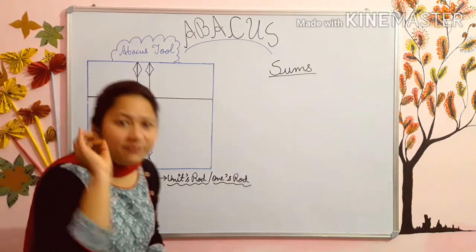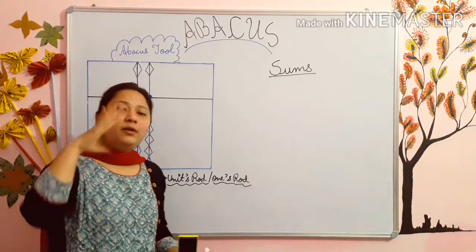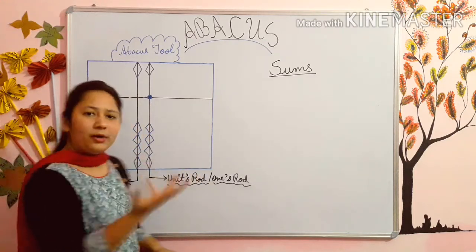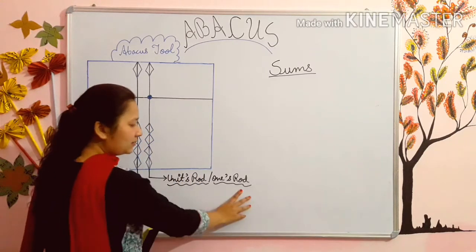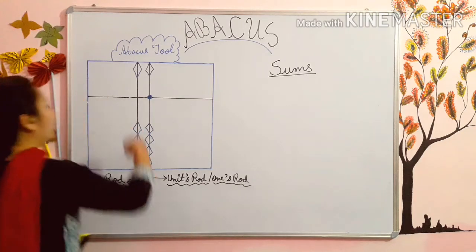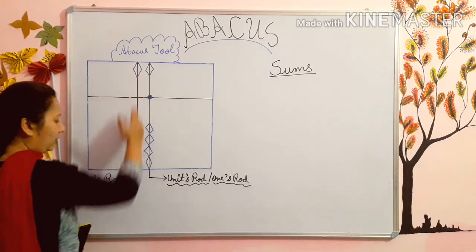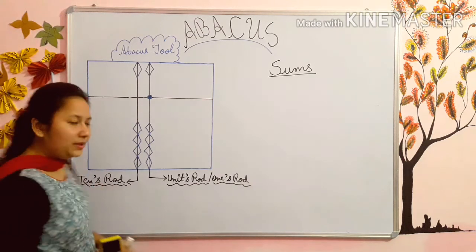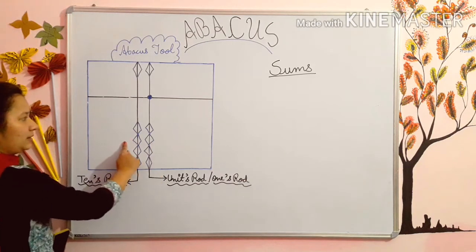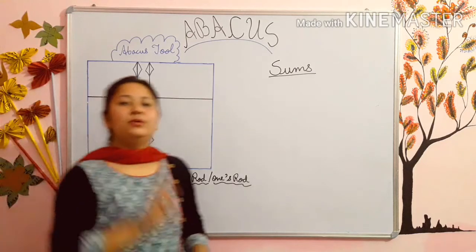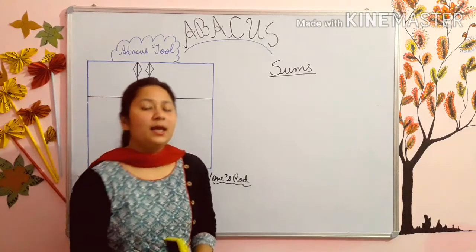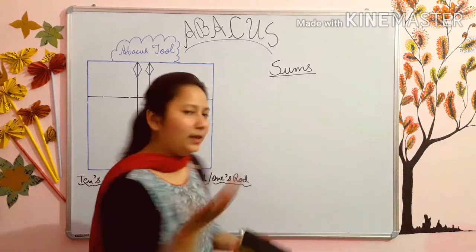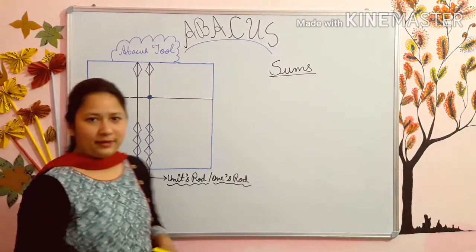Just beside the ones rod is the tens rod. So this is ones rod, this is tens rod. In these two rods only, we do our calculations. हम जितने भी calculations करते हैं, इन दो rods में करते हैं.